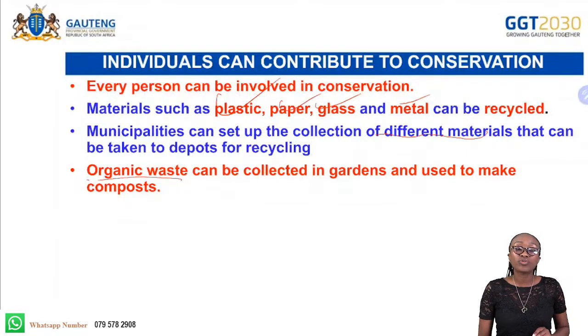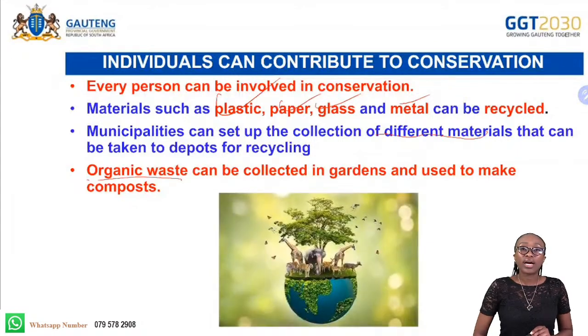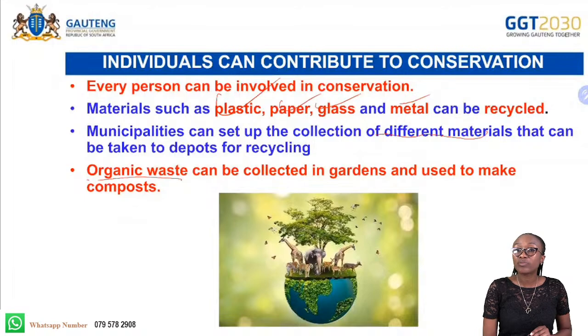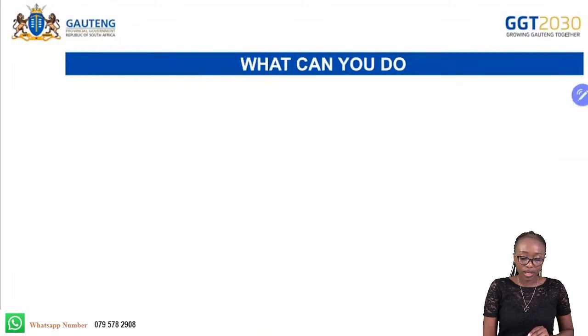Composts are very good for the environment because they introduce nutrients back into the soil. They are very, very rich in nutrients, and decomposers can break down the organic materials found in compost and recycle nutrients back into the ecosystem. So me and you can do so much to conserve our ecosystem.